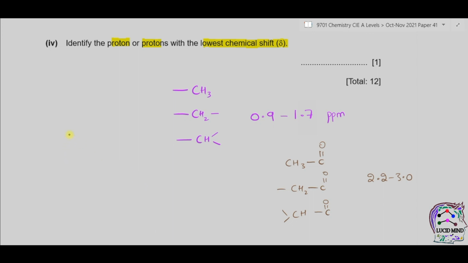Similarly, the protons next to electronegative atoms will also give a higher value, from 3.2 to 4.0. And again, the protons attached to the benzene ring or aromatic ring also give a higher value, from 2.3 to 3.0.